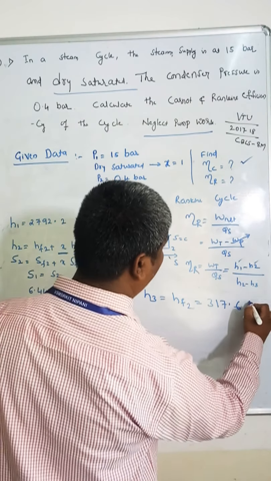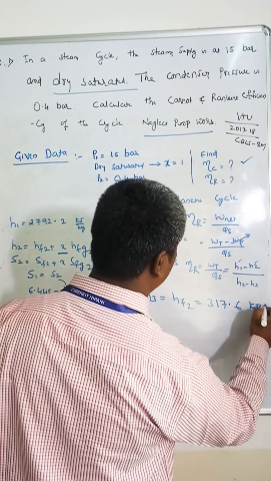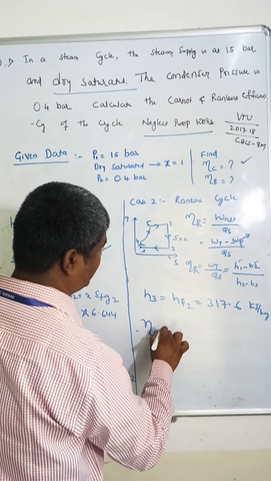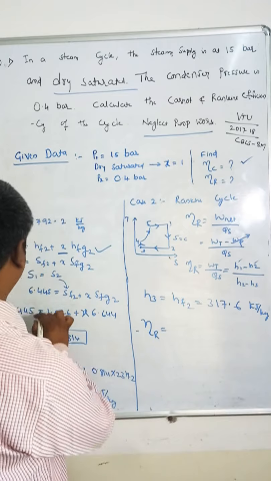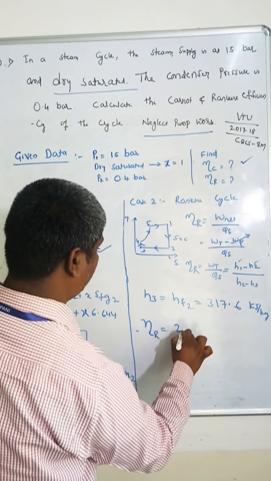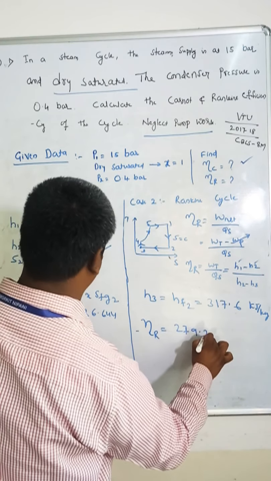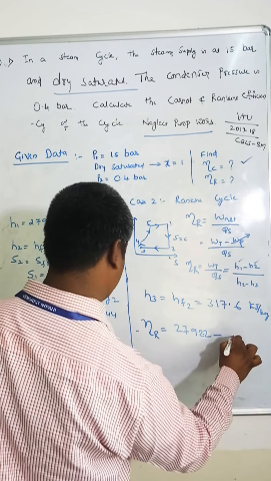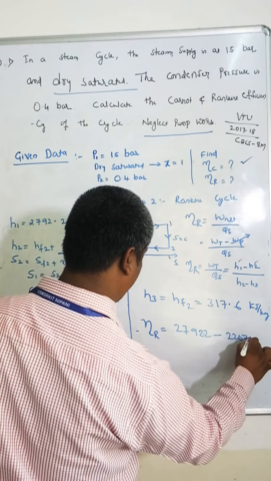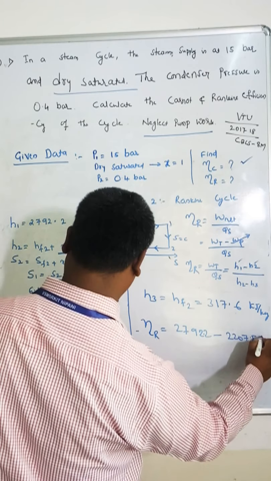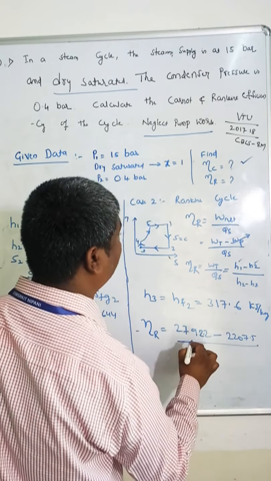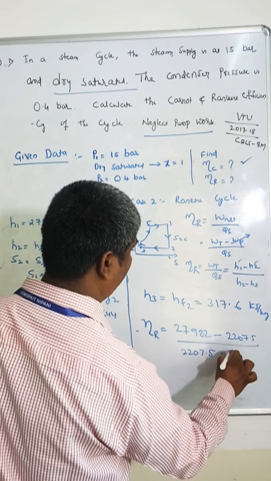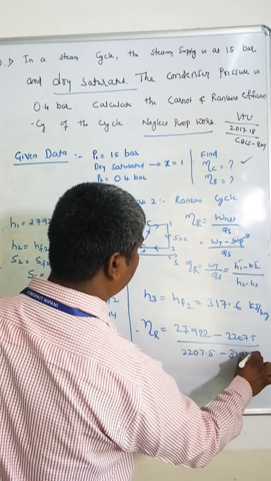So now you got all the values. Substitute in this equation. Eta R is equal to H1, 2792.2, minus H2, 2207.5, divided by H2, 2207.5, minus 317.6.